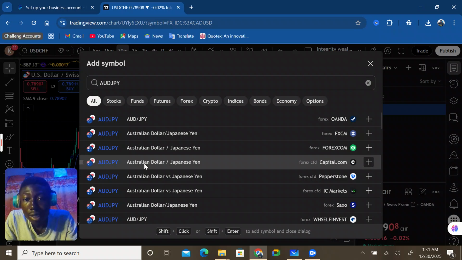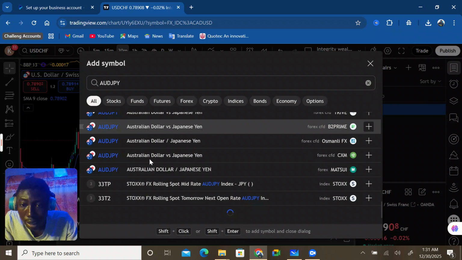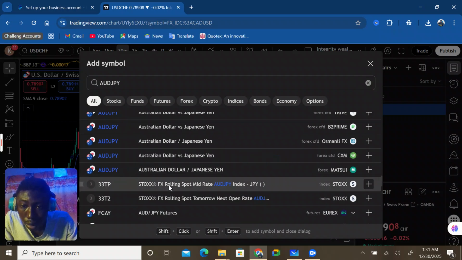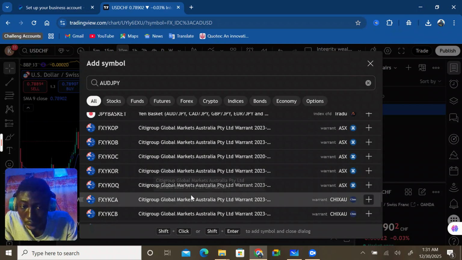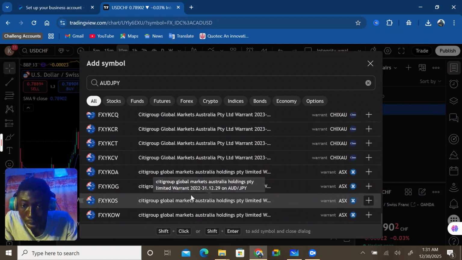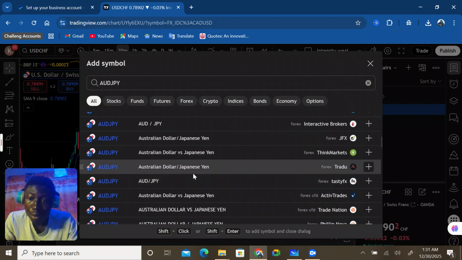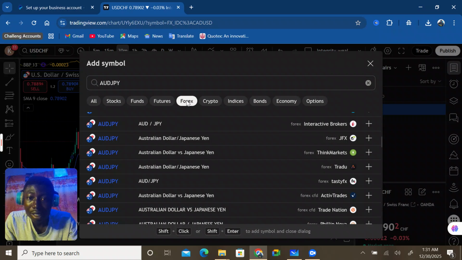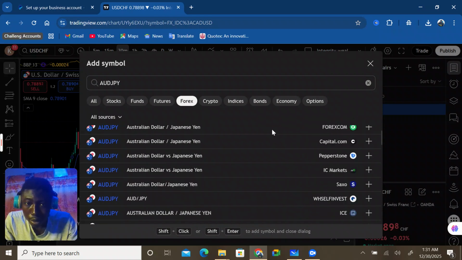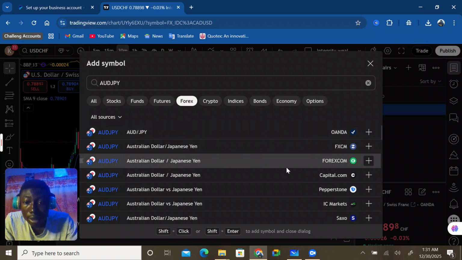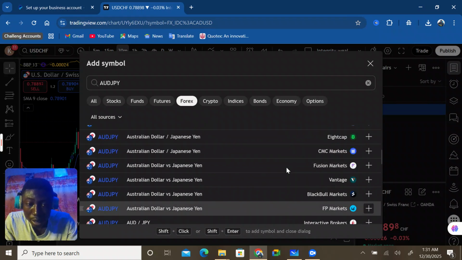If I type AUDJPY like this, there are going to be a lot of sources of AUDJPY. Now I have to be specific that I need AUDJPY from forex. That is why you're going to see AUDJPY from forex. Now you're still going to see different AUDJPY over here. There are so many over here, right?